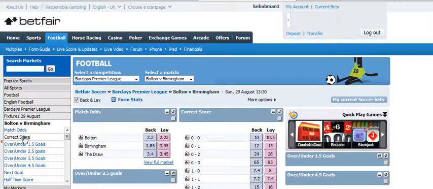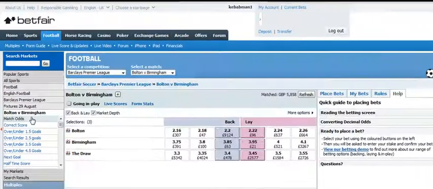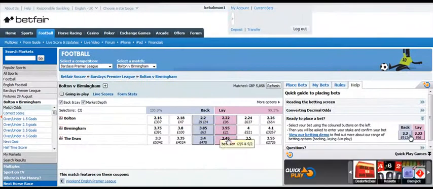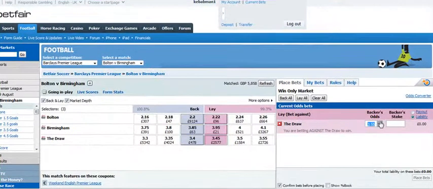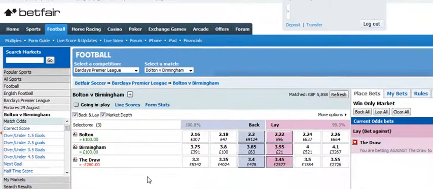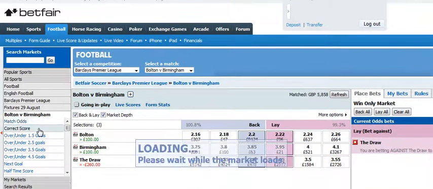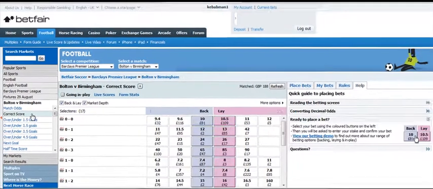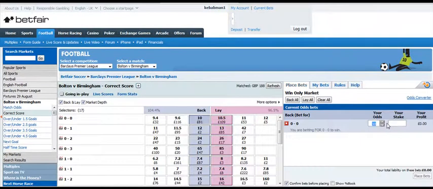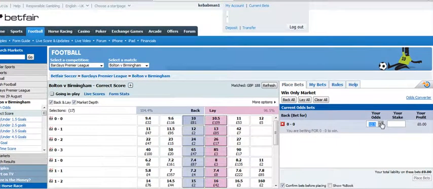So let's have a look at Bolton Birmingham here. The draw's fairly low. Bolton are strong home favourites. And the lay the draw price, that's pretty low, so let's just raise that a little bit. Normally when the draw price is that low, you would expect the correct score to be 9s, 10s, pretty low as well. So we'll use this game as an example.